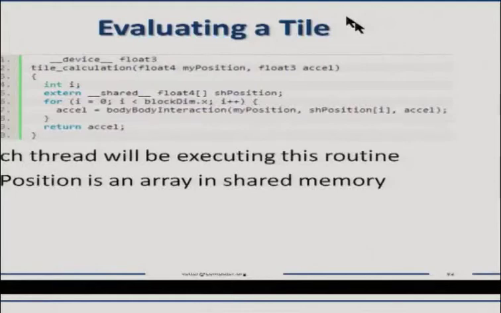And this position describes the particle that you're currently evaluating. And you do this multiple times because you're working across this grid with tiles. And then you are calculating acceleration and returning that as a float3.